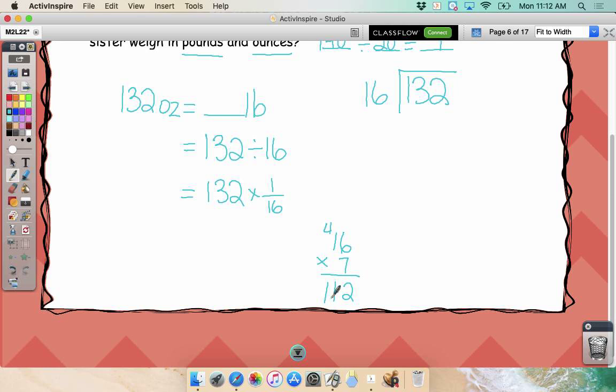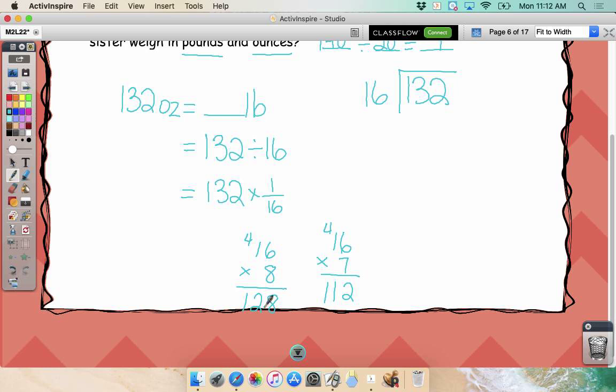Max, do you think 112 is big enough, or should I go higher to get closer to 132? Probably higher. So instead of a 7, what am I going to try? An 8. Okay, everybody try that problem. 8 times 16 is 128. So is that closer? Yes.